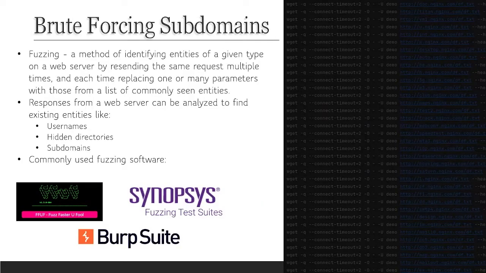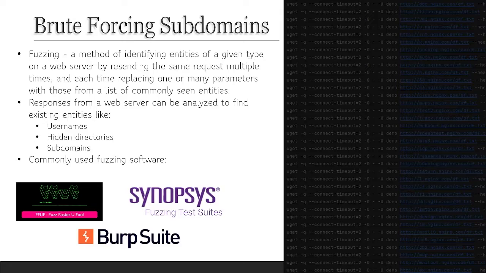Brute forcing subdomains. So fuzzing is a brute force technique that attempts to identify entities of a given type on a server by resending the same request over and over again, each time replacing one or many parameters with those from a list of commonly seen entities of the same type. Penetration testers or hackers can then look through these responses for any variations that might indicate the existence of the entity we're looking for.